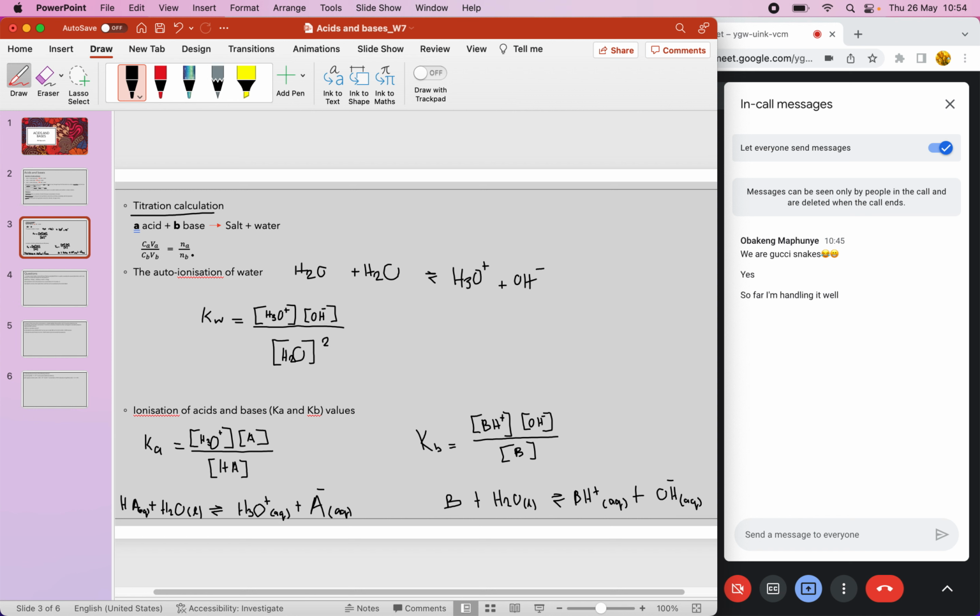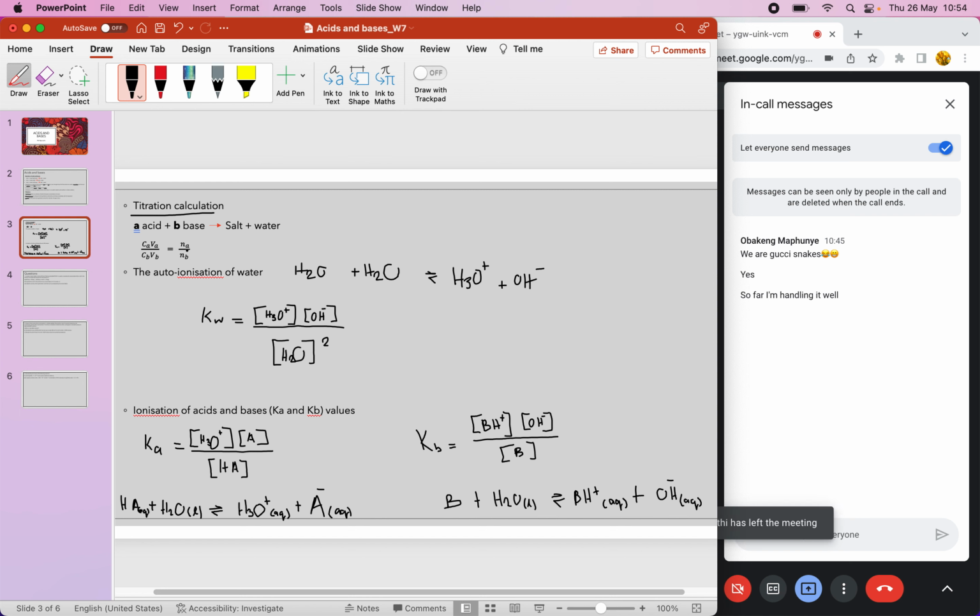The key thing with titration calculations is to take note of which one is the base, which one is the acid, and what you are given in order to calculate. In other cases, they will give you, for example, the concentration of the acid, the volume of the acid, and the volume of the base.